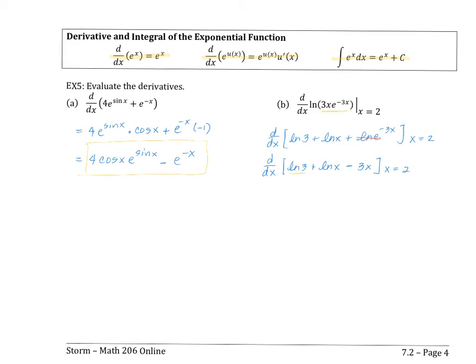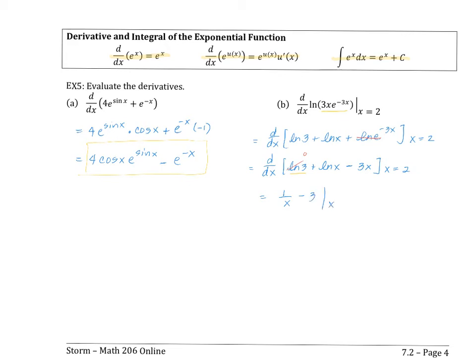There's no variable there. So the derivative of a constant is 0. So this is just 0. Derivative of natural log of x is 1 over x. Derivative of minus 3x is just 3.